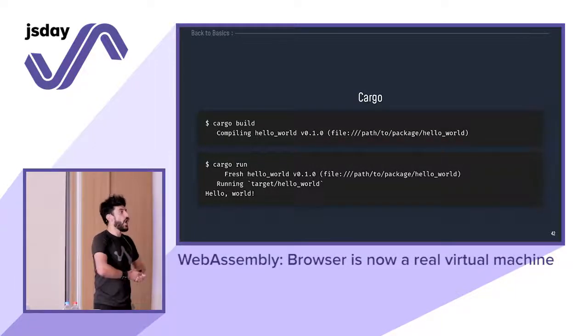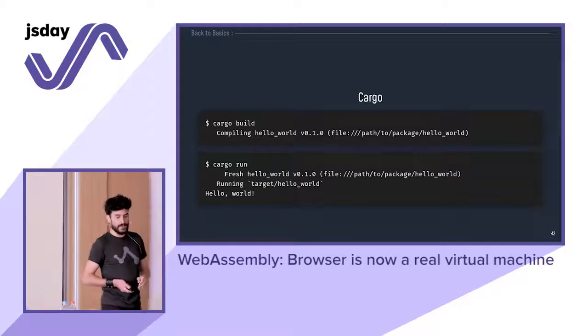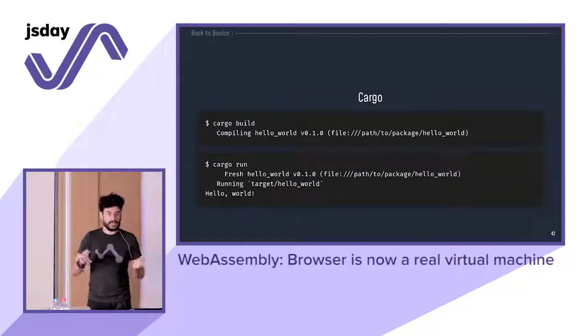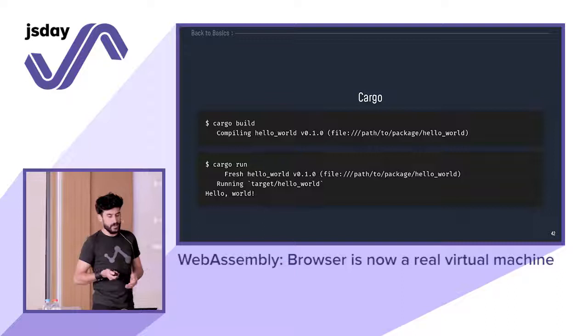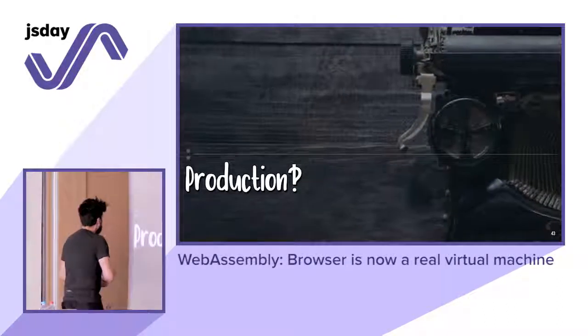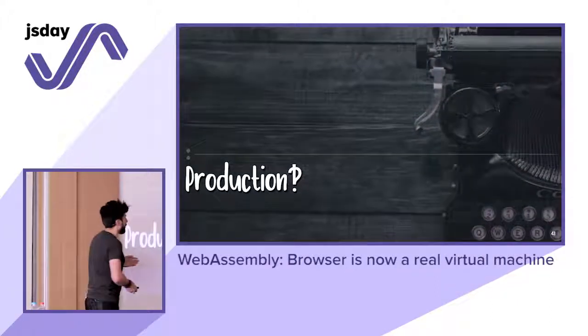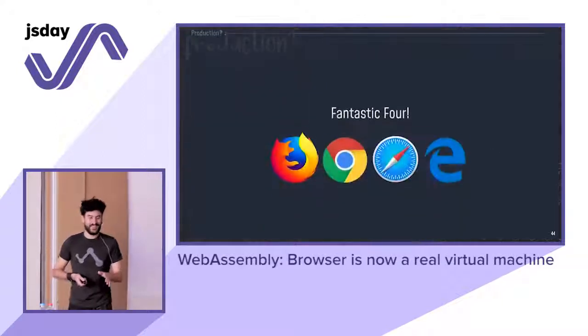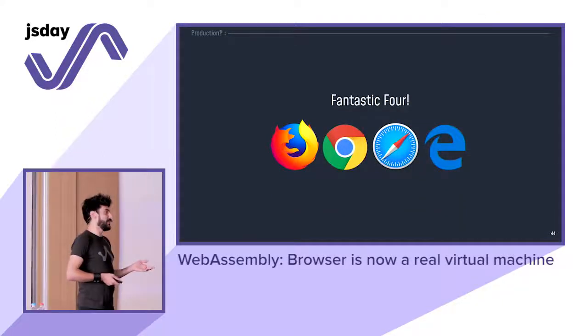And there are a lot of libraries written in Rust that allow you to increase the skills and the capacities of your WebAssembly code. So, can we use it in production right now? It depends. First, we've got the Fantastic Four.